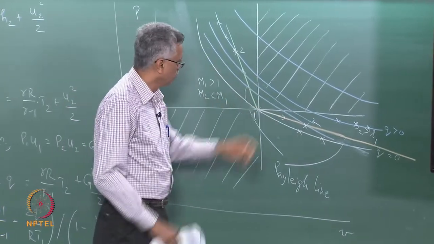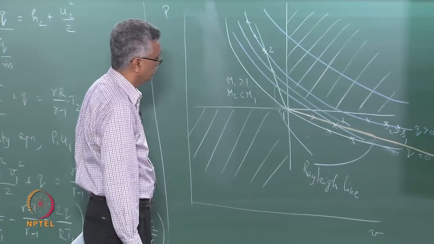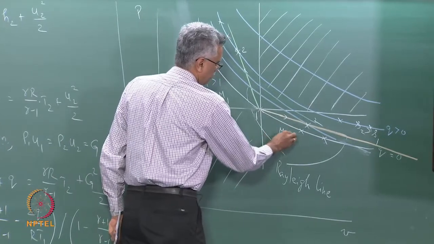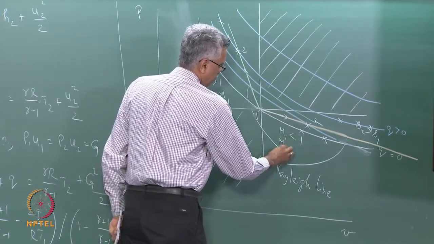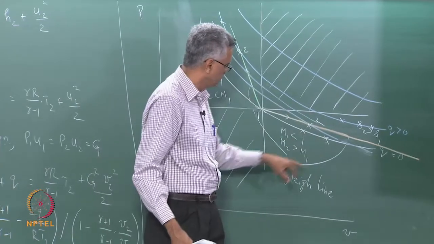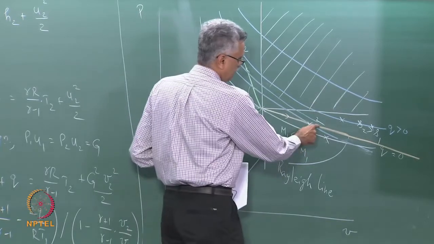So if you take any one of these branches, let us start with the subsonic branch because we have been looking at that. As I travel along this subsonic branch, remember M1 is less than 1 and M2 is greater than M1. So as I add more and more heat, M2 becomes higher and higher. If I add a little bit more heat, then I will go further down here.